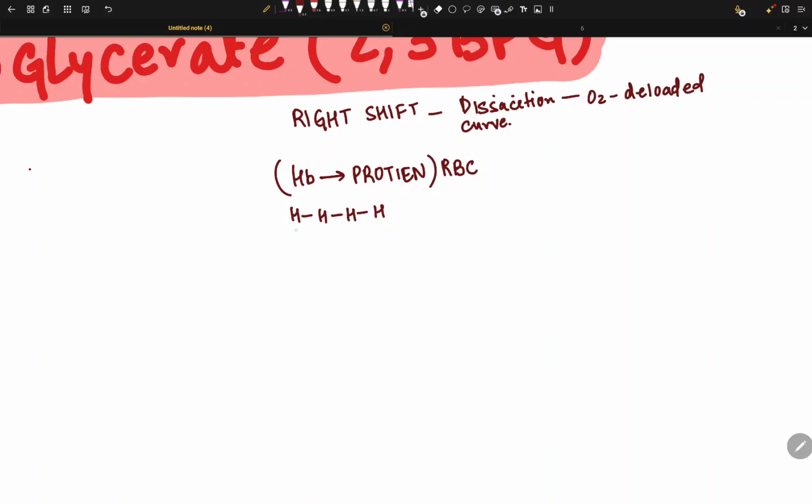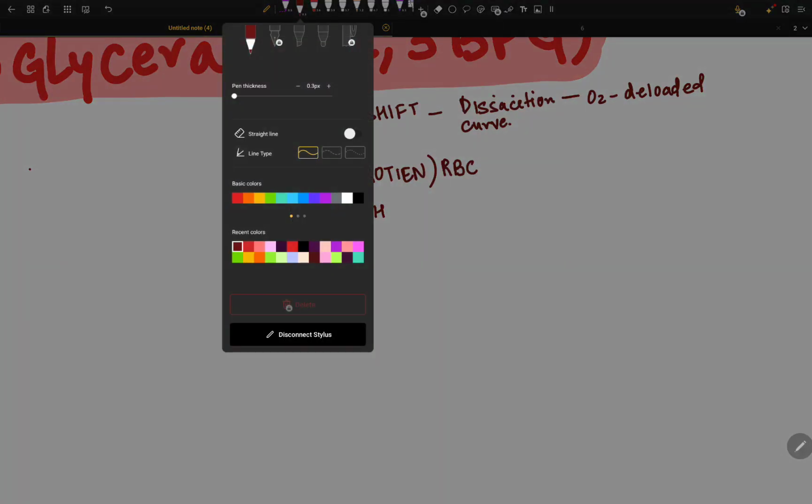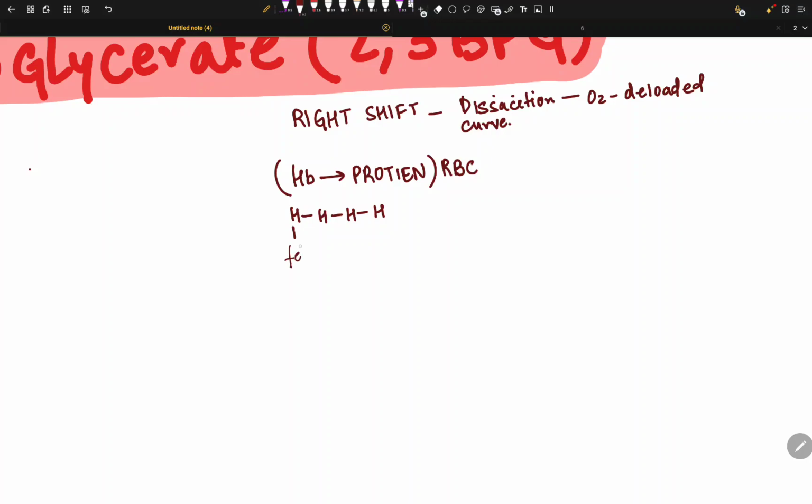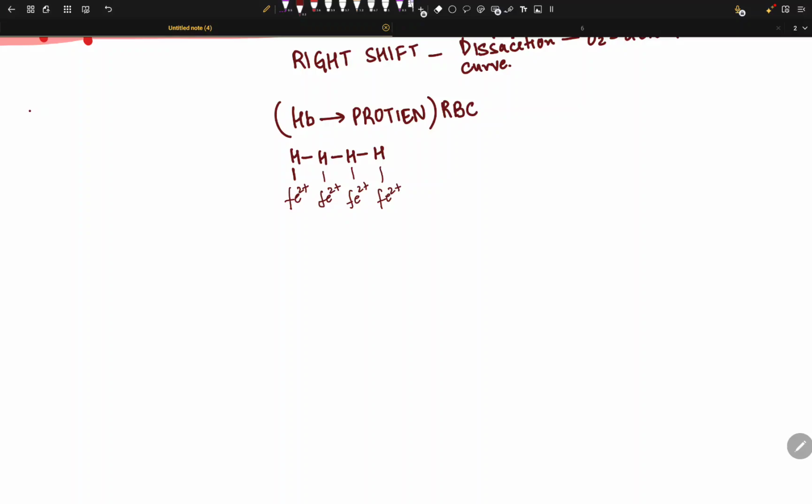And each heme group has a ferrous iron. Each heme has a ferrous, Fe2+. Each one has one. That's important. Fe2+, Fe2+, Fe2+, and Fe2+. The thing is that each ferrous binds to 1 oxygen: O2, O2, O2, and O2.